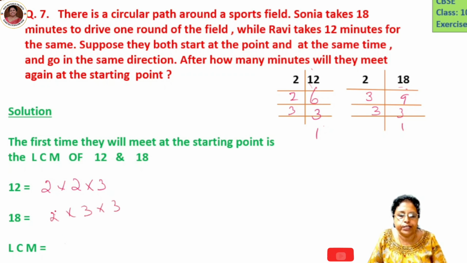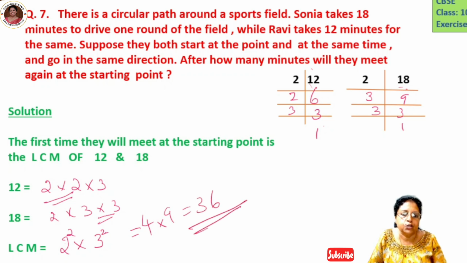So what is LCM? For LCM you have to list all the prime factors. Then 2 and 3. Then here 2 square, highest power. Here 3 square, highest power is 2. So 4 times 9, that is 36. So 36 is the LCM.